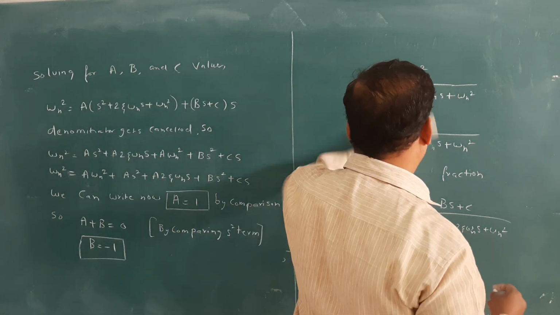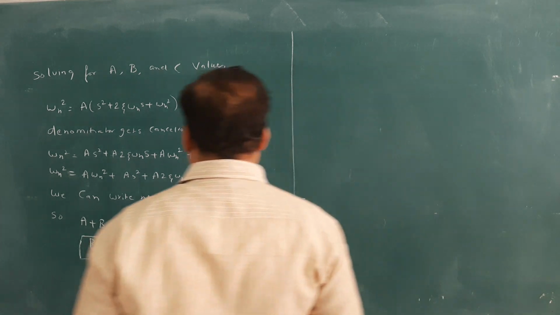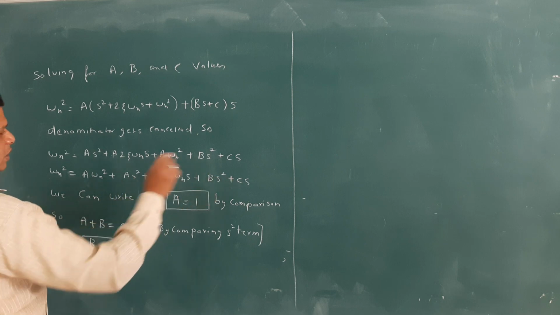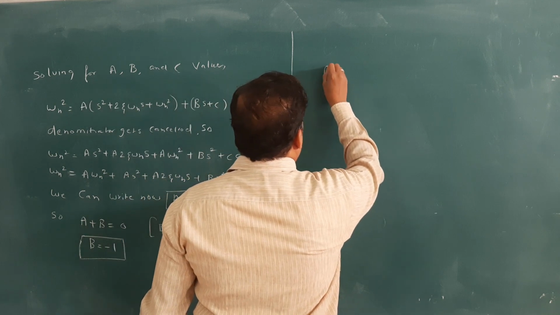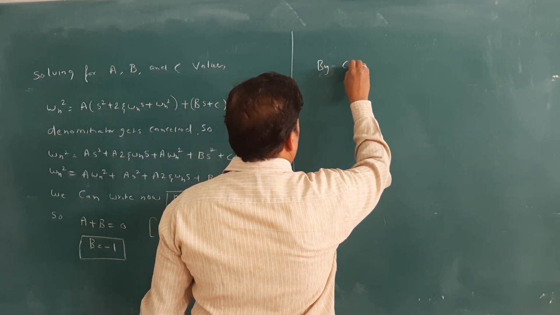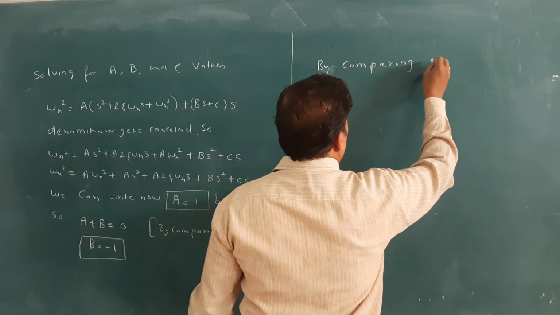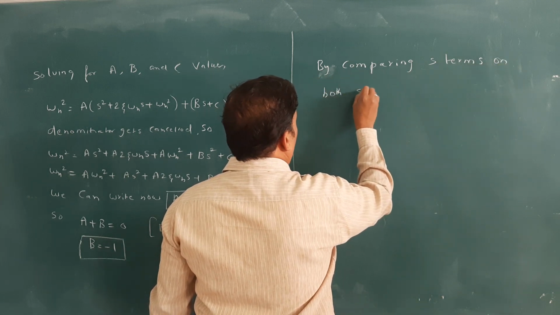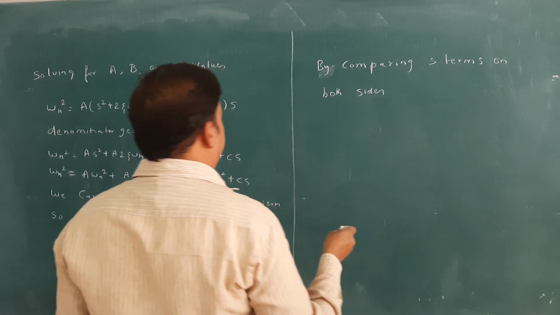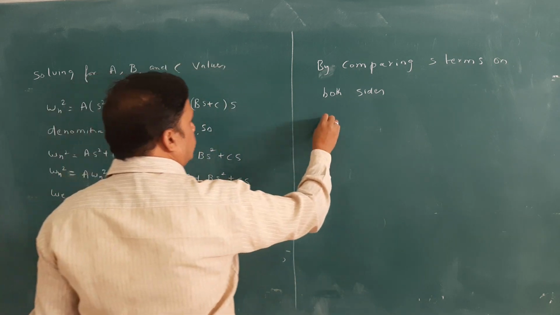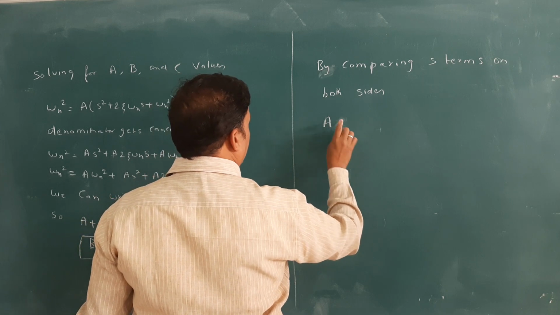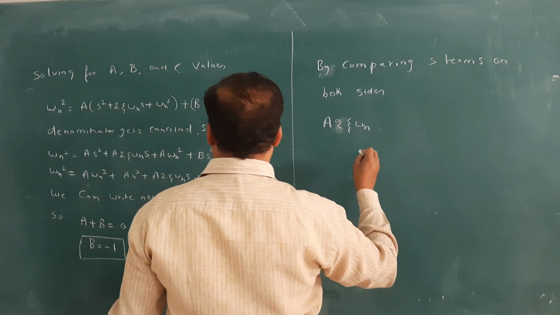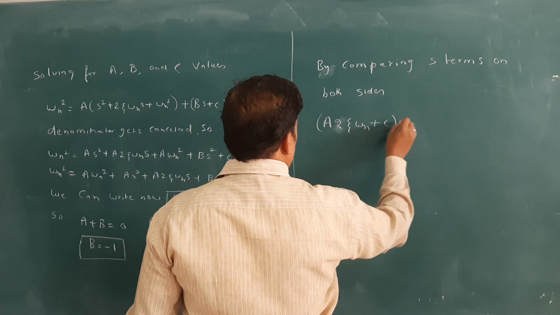By comparing the s terms on both sides, we have a into 2 zeta omega n s plus cs is equal to 0.